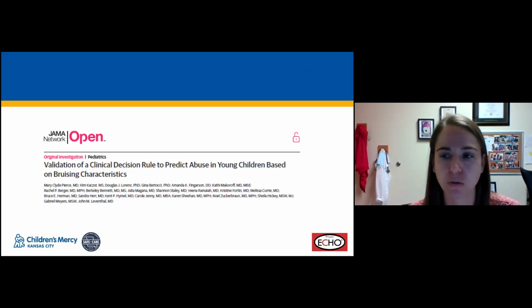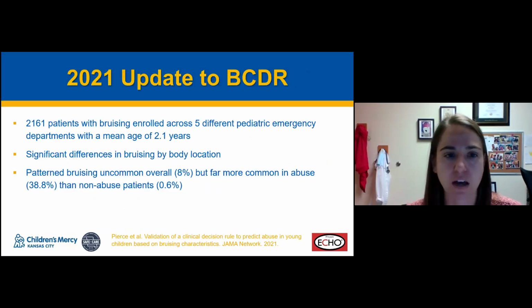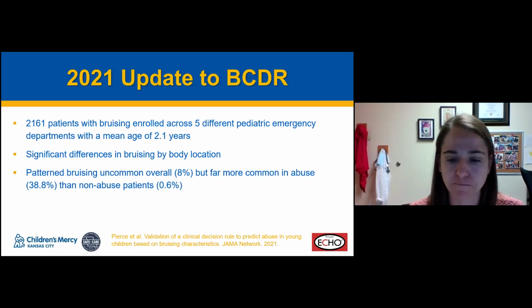So that brings us to the recently published study by the same author group. It came out in April of this year, 2021, where they refined and validated the bruising clinical decision rule, as well as addressed some of those limitations from their prior study. So what they did for this one is that it is a prospective study, and they enrolled over 2,000 children under the age of 4 who were seen with bruising across 5 different emergency departments.